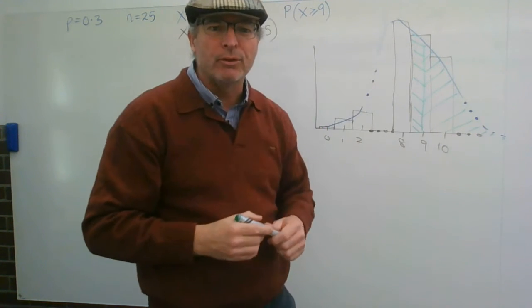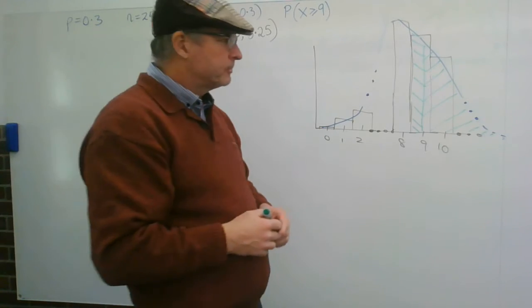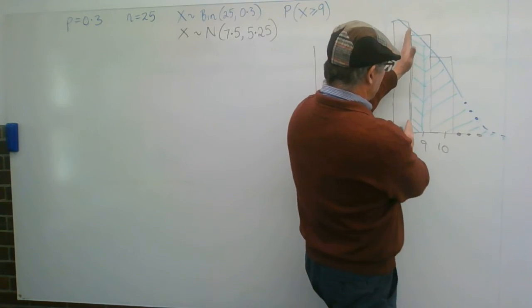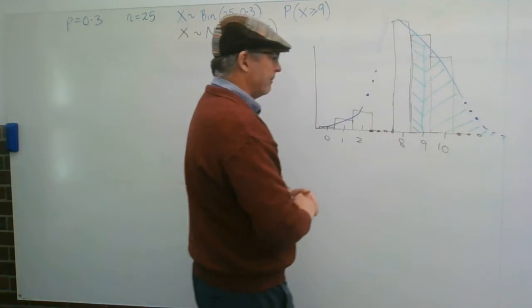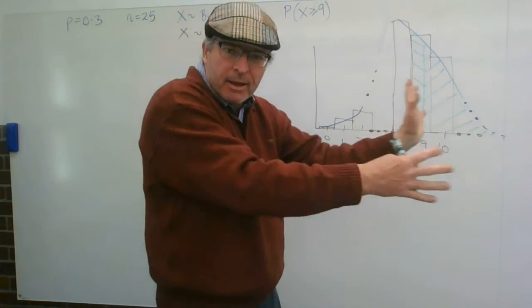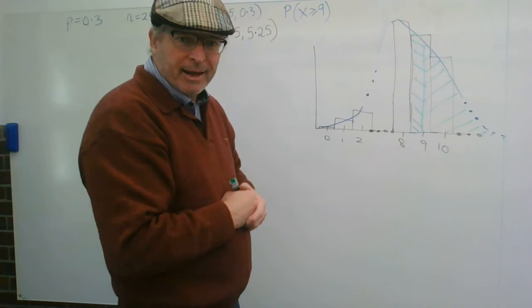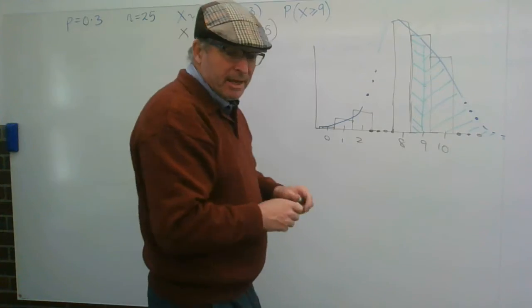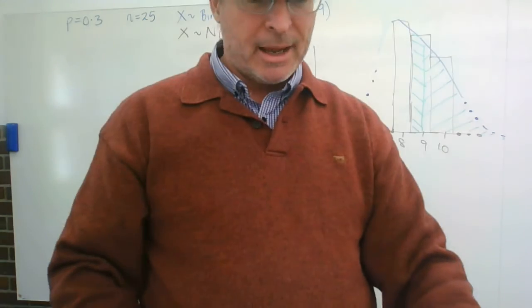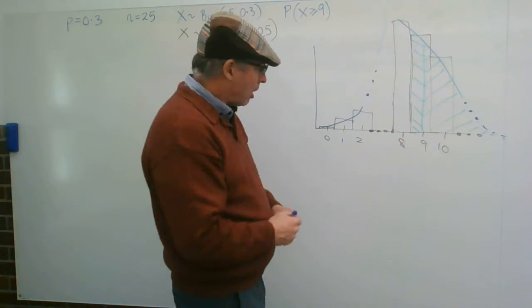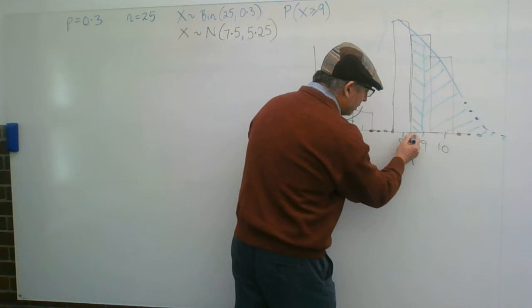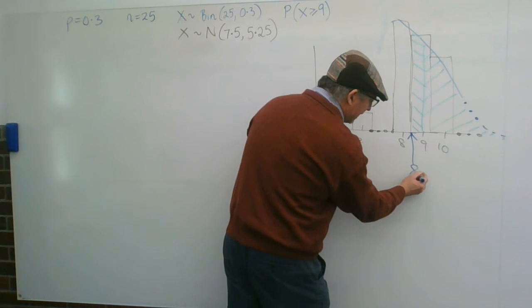That's going to give me a better idea of what we're talking about. It's got all of 9 included, plus everything that's bigger than it. But that means, in terms of approximating it with the normal, I need to go here to 8.5.